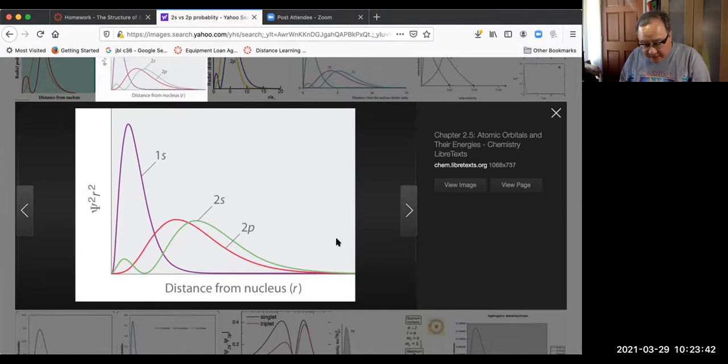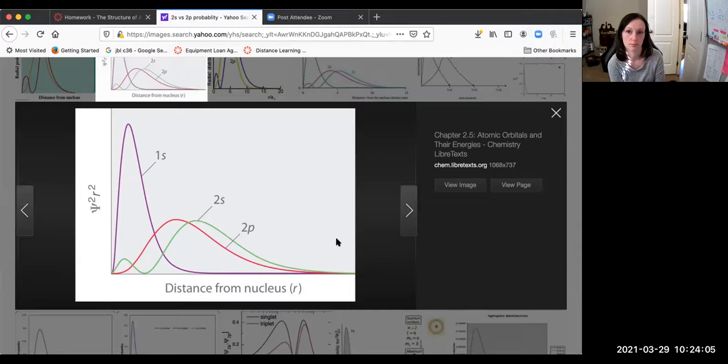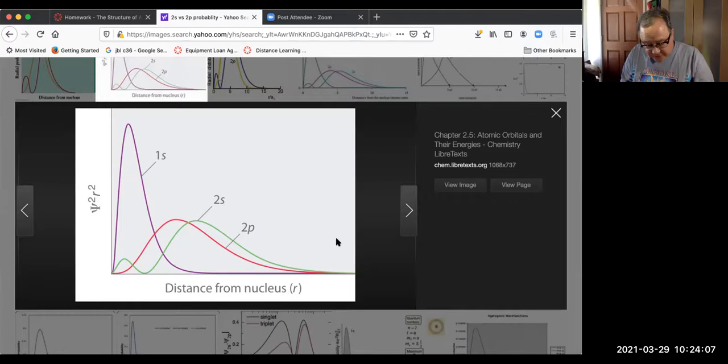So this would be the same case if you did a 4s, a 4p, a 4d, and a 4f. If we plotted these, we would find that the 4s penetrates better than the 4p, 4d, and 4f. The only difference between these drawings would be that the 2s has one hump.